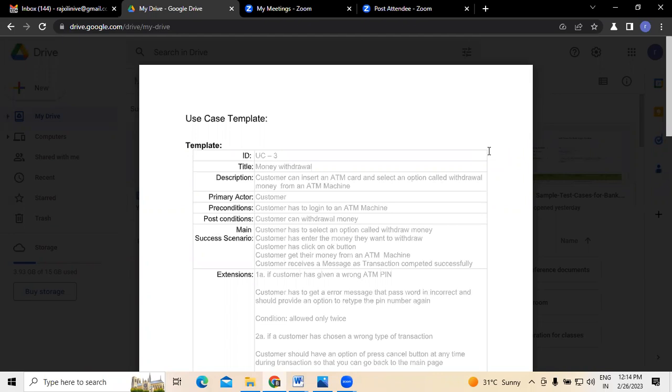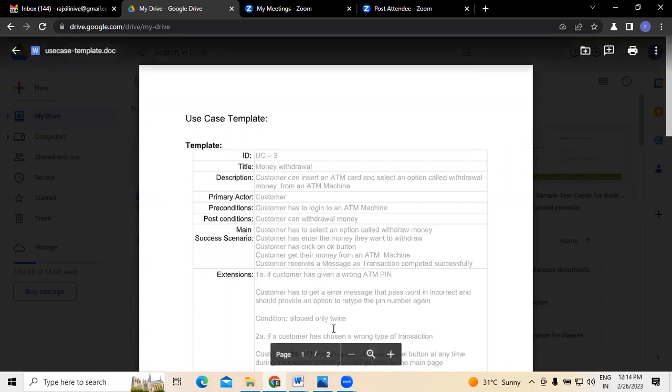The same thing we now write as user stories in Agile. That's an advanced version. Of course, the formats are different, but simply you can understand use cases, advanced version, nothing but user story.